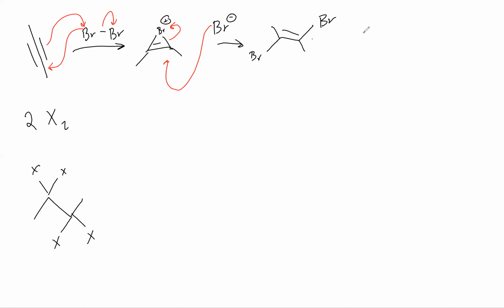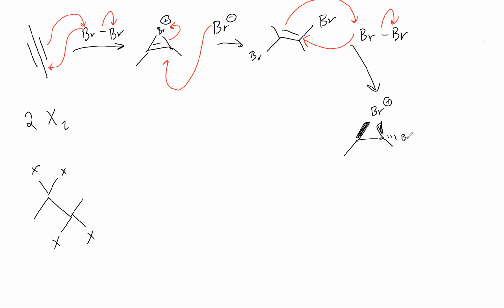Then, same as the first, we have our two bromines. One of them is grabbed by the double bond, and it grabs the double bond right back. This bond breaks, and we end up again with a bridged halonium ion intermediate. This time, though, we do have stereochemistry if the answer has it drawn in. If not, then don't worry about it.